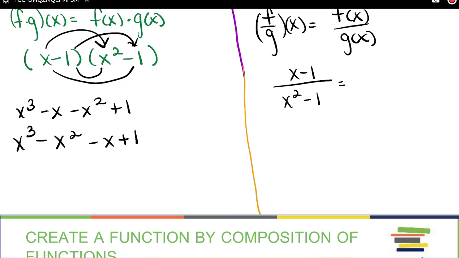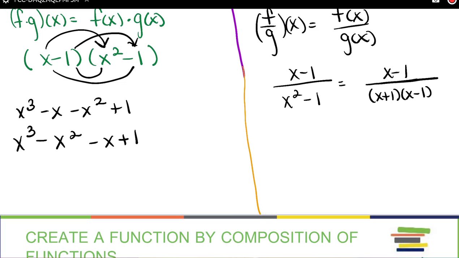The way we reduce a fraction is you need to write it as factors. The top you can't factor, but the bottom, hopefully you'll notice x squared minus 1 is difference of squares. So it's the square of x and the square of 1. So it'd be x plus 1 times x minus 1.